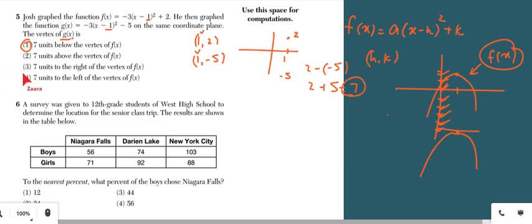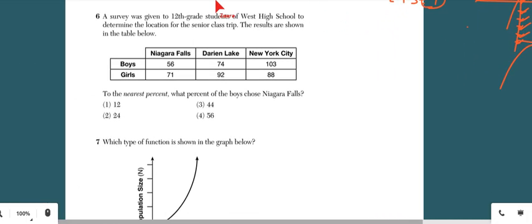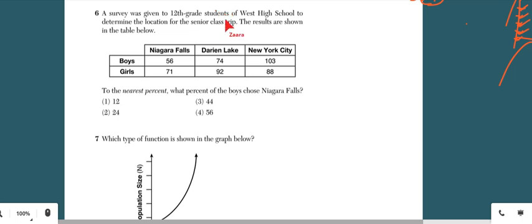Is it clear? Okay. Look at question number 6 now. A survey was taken of 12th grade students of West High School to determine the location for the senior class trip. The question is, to the nearest percent, what percent of boys choose Niagara Falls?